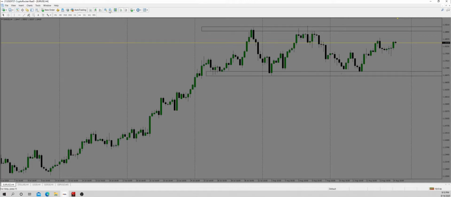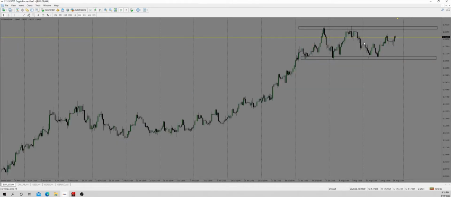And then in the middle, you see how we have price right here? How all of these wicks hit off of the same mark? And it starts to act a little funny.